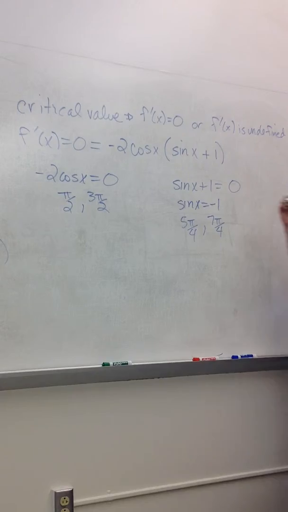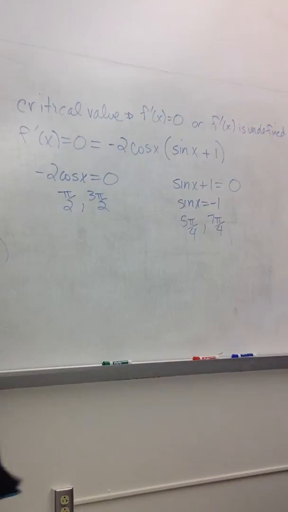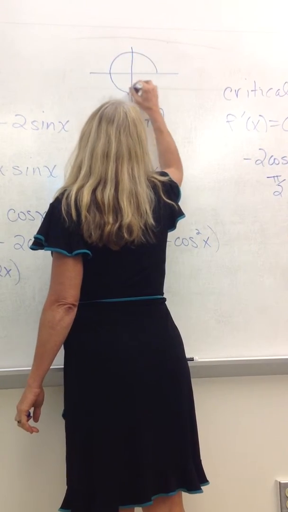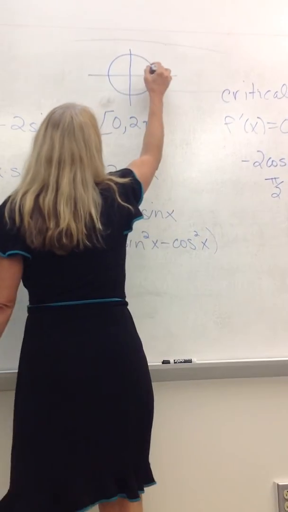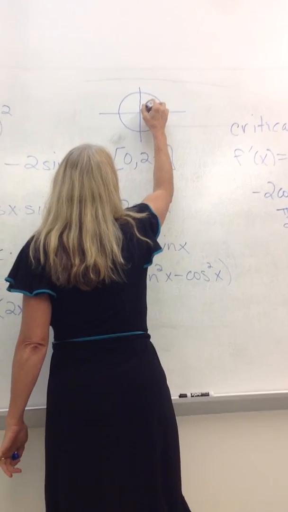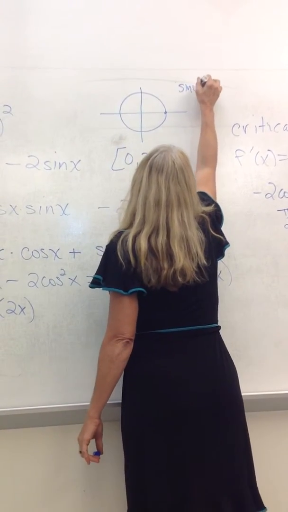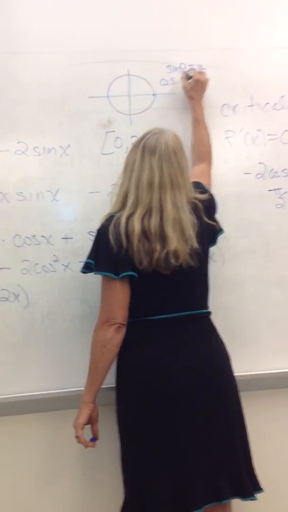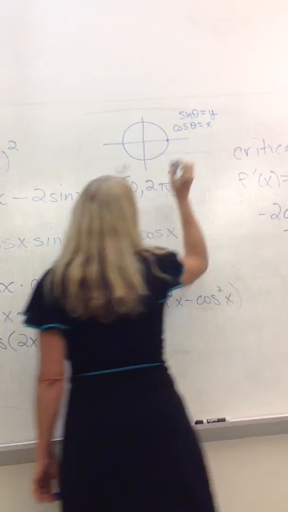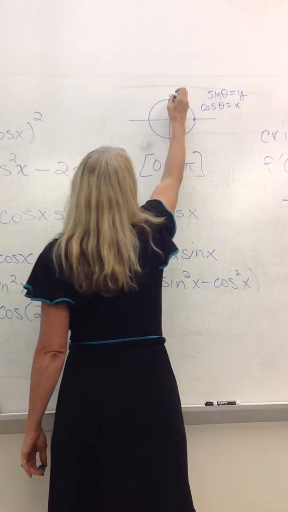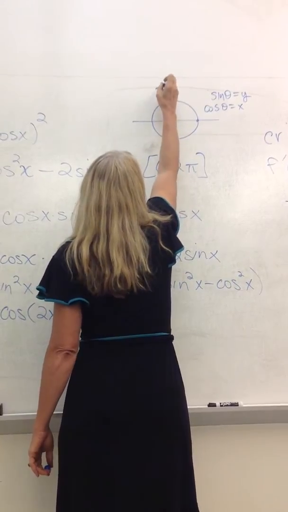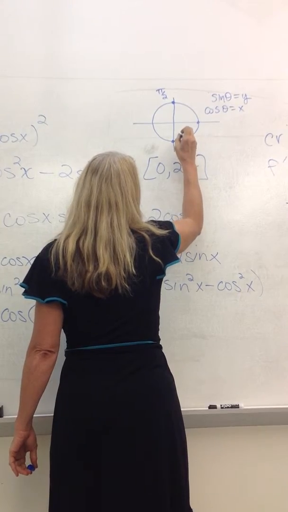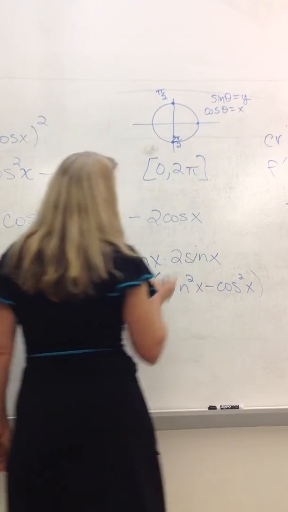Again, just a little review about the unit circle. Sine is telling you the y coordinate, cosine is telling you the x coordinate. So cosine is 0 at 90 degrees or pi over 2, or at 270, which is 3 pi over 2.